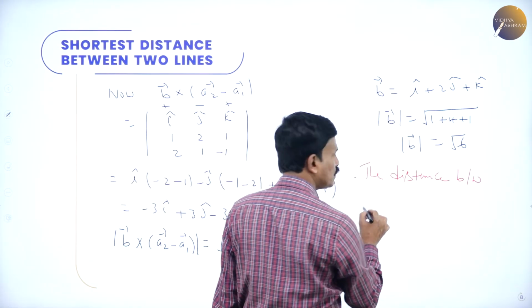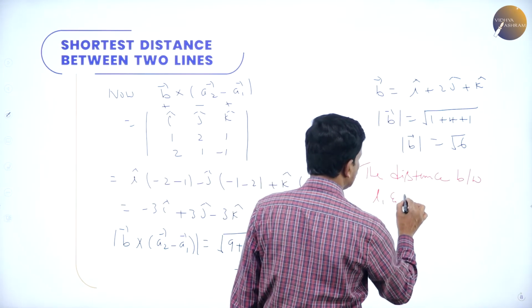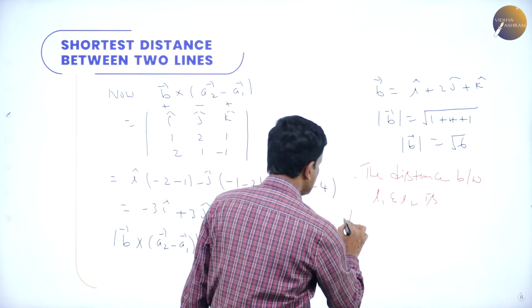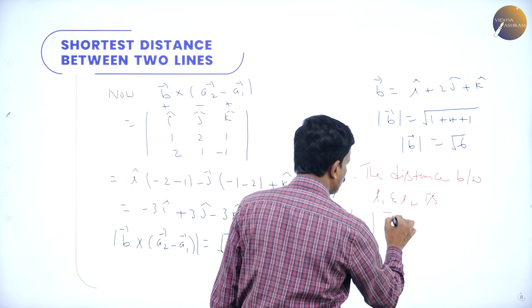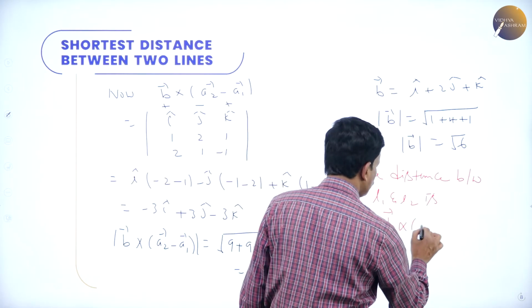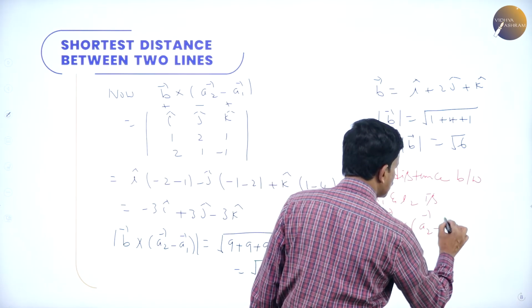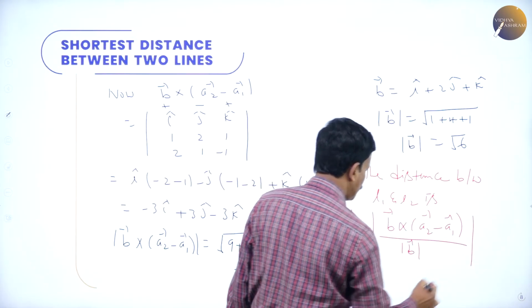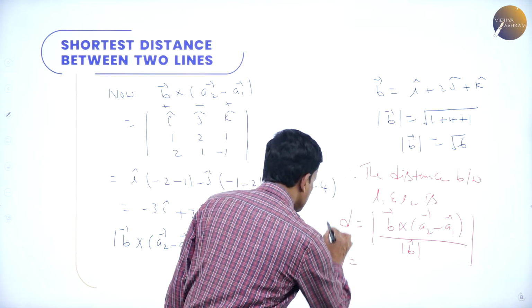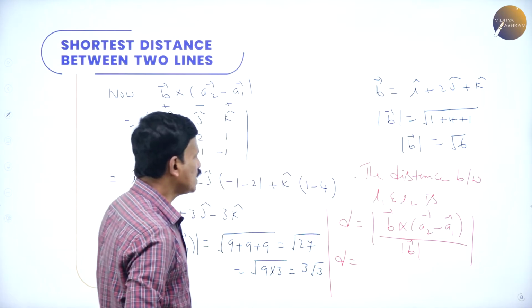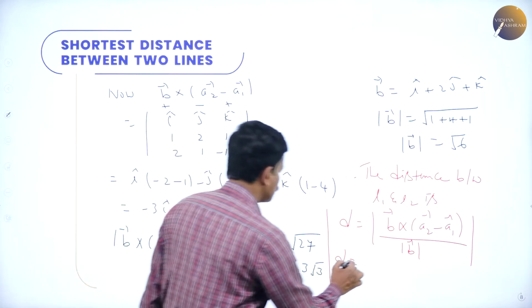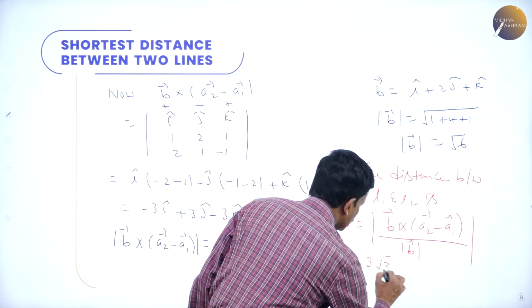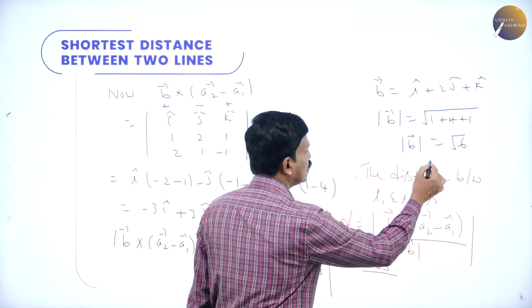the distance between the parallel lines L1 and L2, D is equal to the magnitude of vector B cross (A2 minus A1) divided by the length of vector B. So D is equal to, what is B cross (A2 minus A1)? That is equal to 3 root 3 divided by the length of vector B, which is root 6.